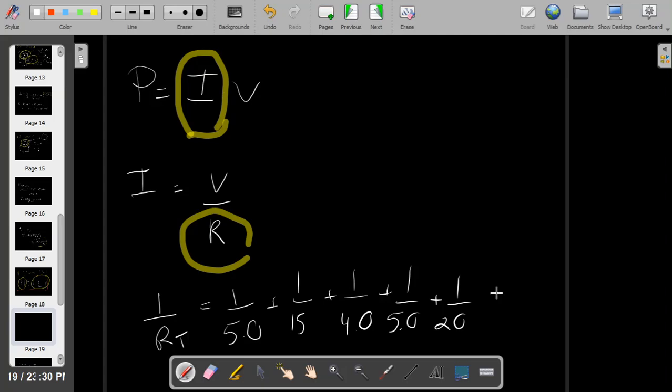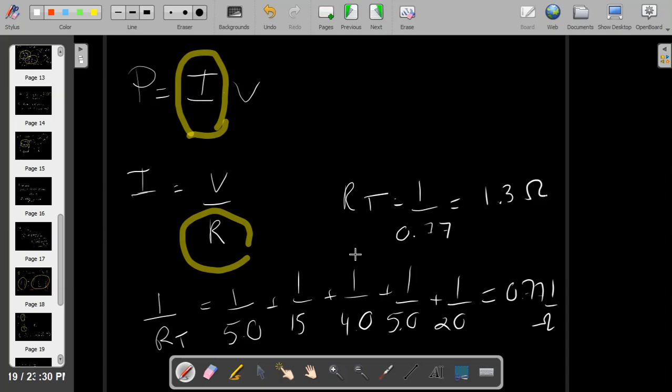If you do that, you should be getting a value of 0.77 1 divided by ohms. So your total resistance equals 1 divided by this number, 0.77, which is 1.3 ohms. You just found this R right here, the total resistance for that circuit.